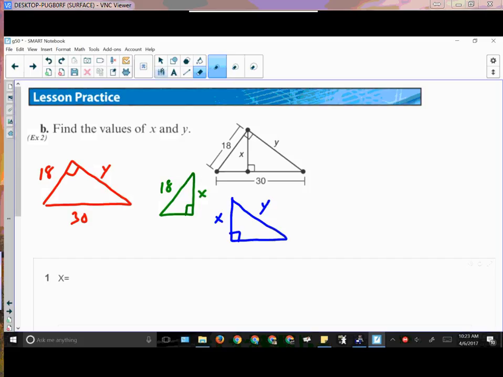Sorry about that. Now, which sides correspond to which? So hypotenuse, we got the hypotenuse, and we've got the hypotenuse. So these two sides correspond to each other, but they're not the same size, are they?